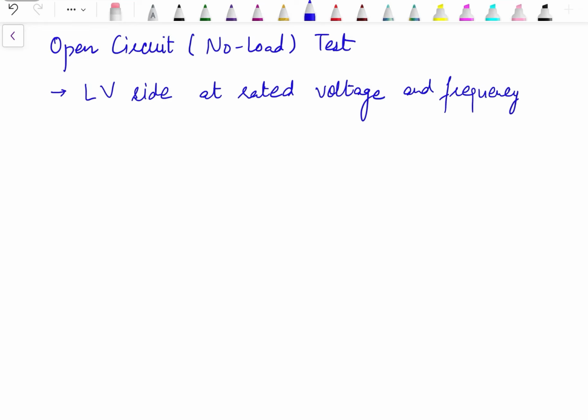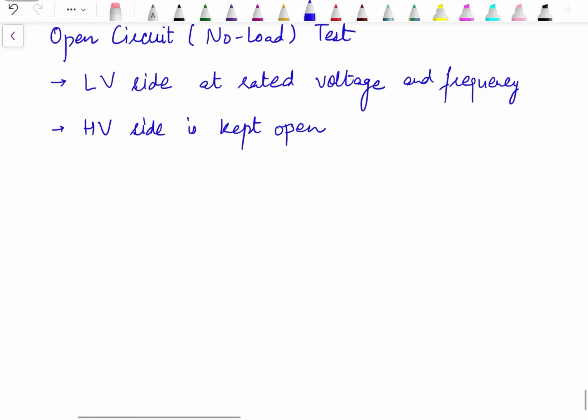So when we are saying that it is performed at low voltage side, it means all the measuring equipment that is connected on the LV side, and HV side is kept open. High voltage side is kept open.